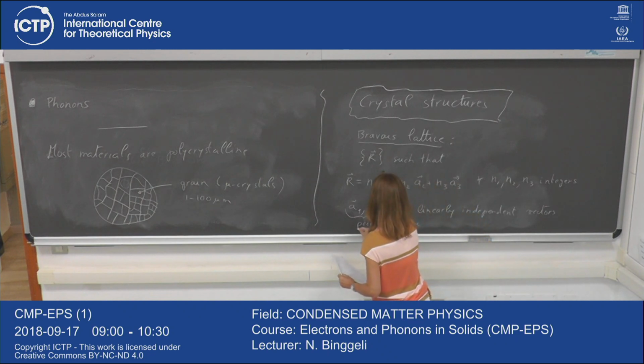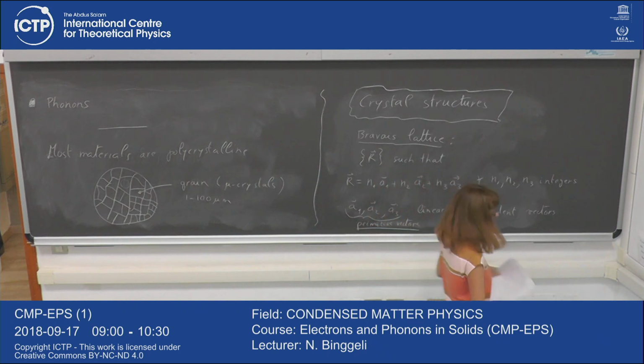So A1, A2, and A3 are called primitive vectors of the Bravais lattice, or generating vectors of the Bravais lattice. This is in 3 dimensions, for a 3-dimensional crystal.